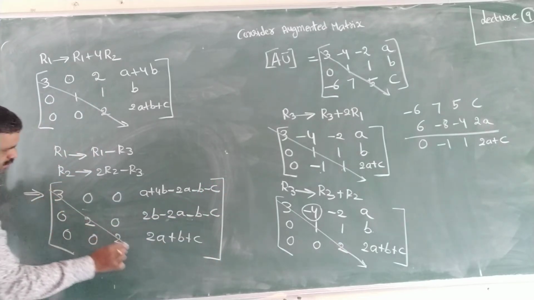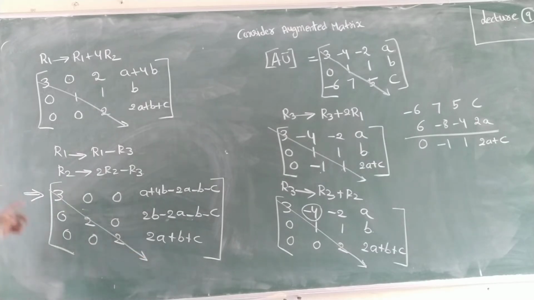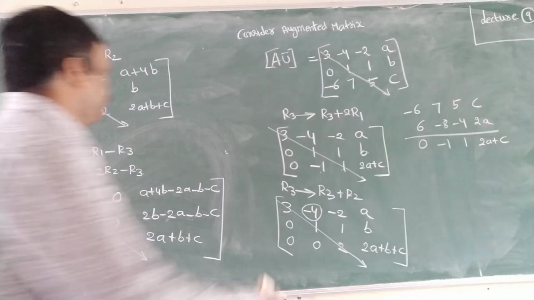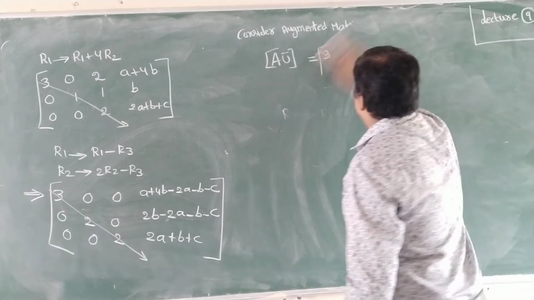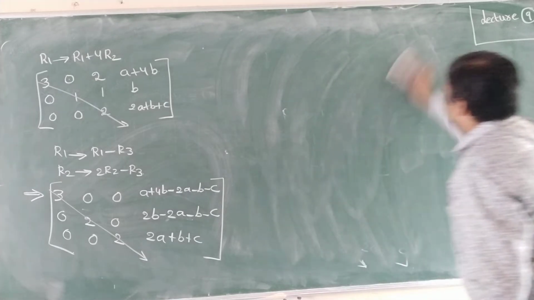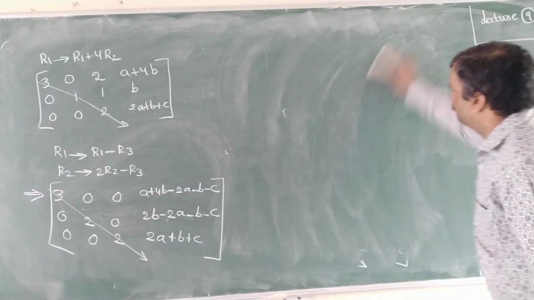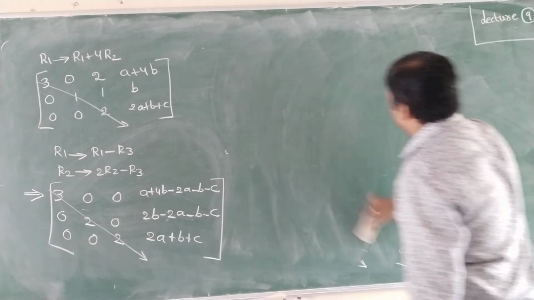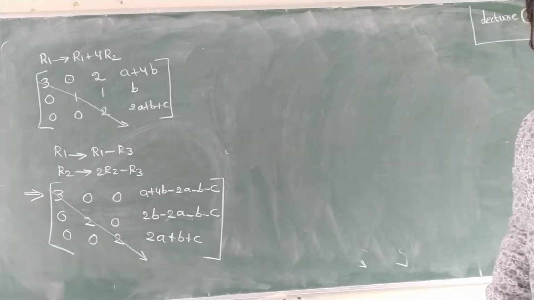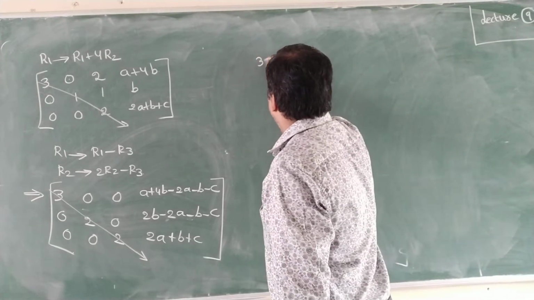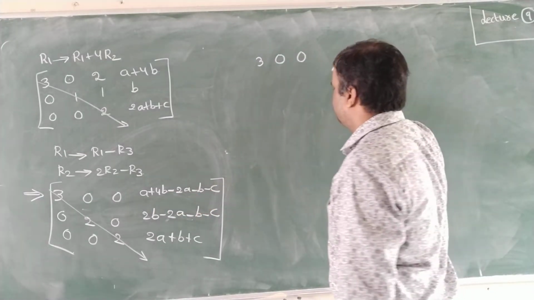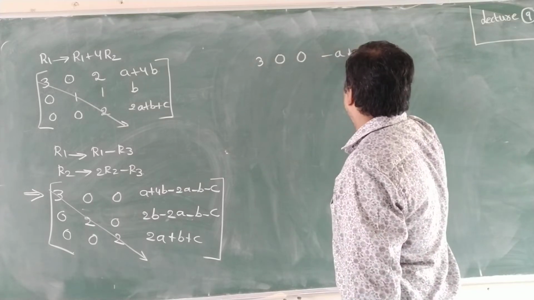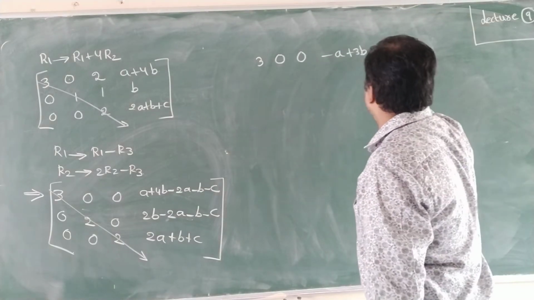First term, second, third. Now we got this, still I will simplify the fourth column. Fourth column simplified: first row 3 0 0, a minus 2a minus a plus 3b minus c.